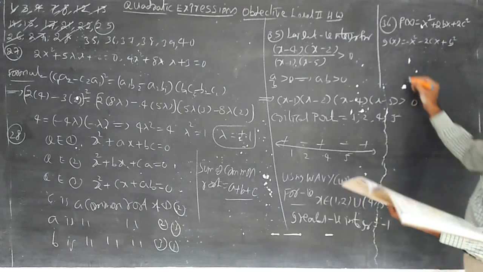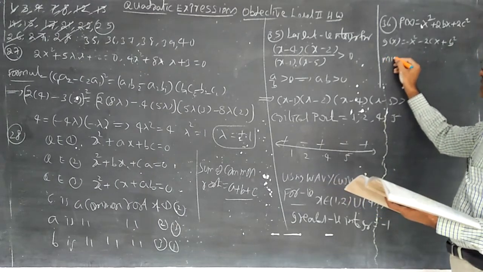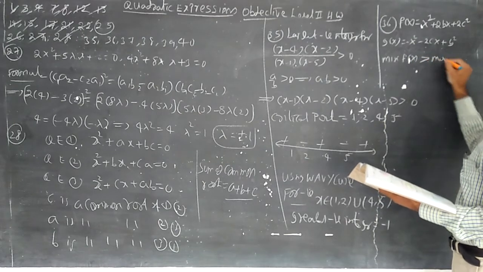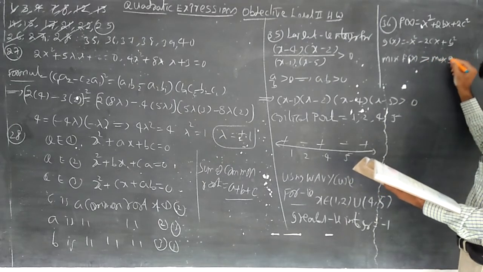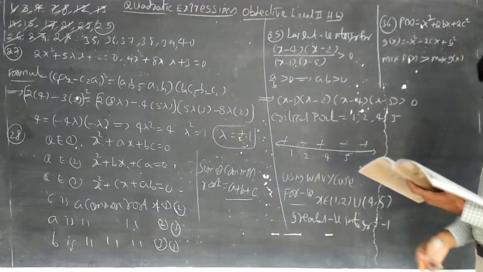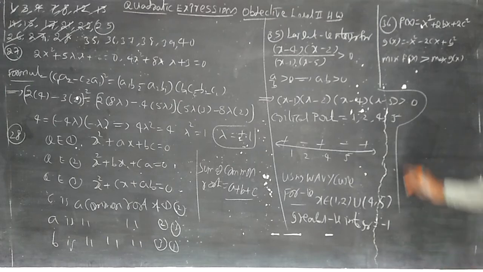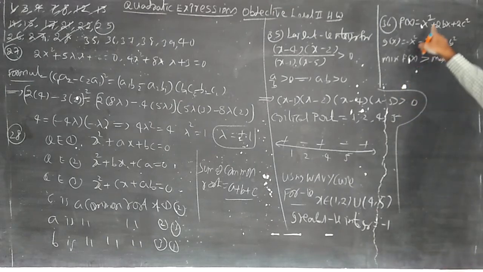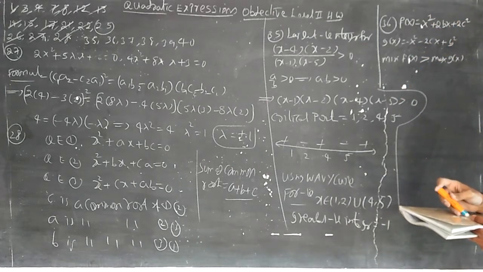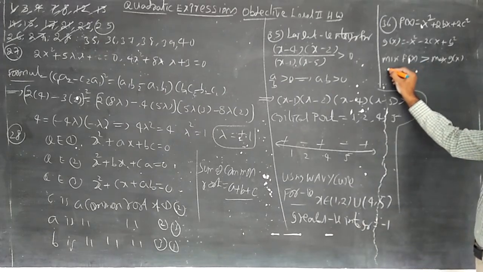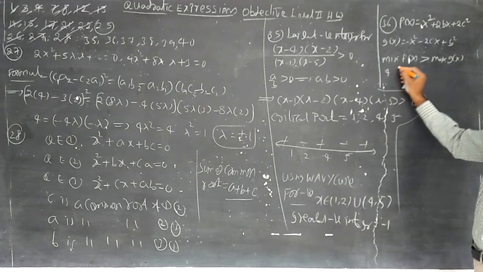Then the minimum of f of x is greater than the maximum of g of x. Whenever a is greater than 0 for a quadratic, this is a minimum; whenever a is less than 0, this is a maximum. The minimum or maximum value formula is (4ac minus b square) by 4a.